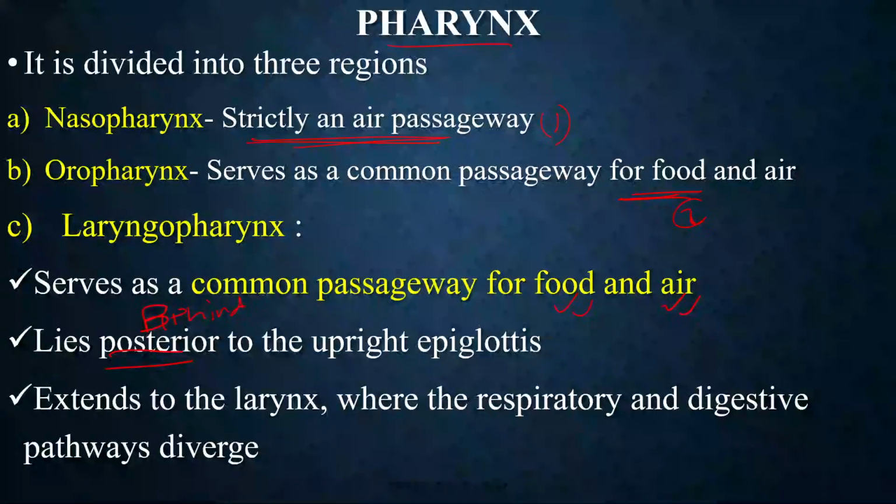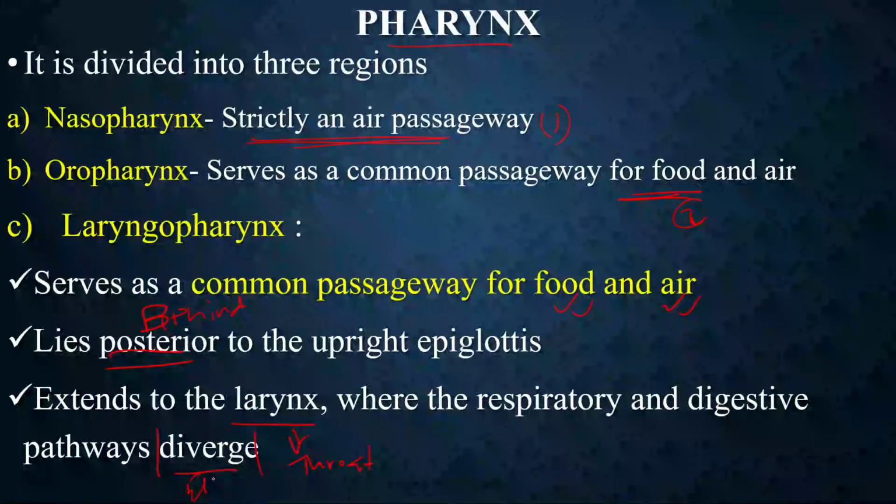So it extends to the throat, that is the larynx. It extends to the throat where the respiratory and digestive pathways diverge. And what helps in that diversion is the epiglottis, and other organs help in the separation of the air, and what should get into the trachea and what should get into the esophagus.